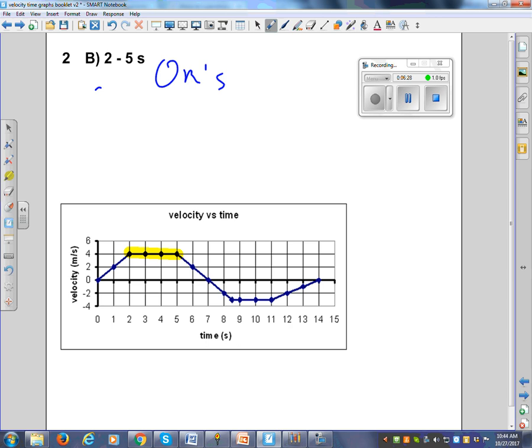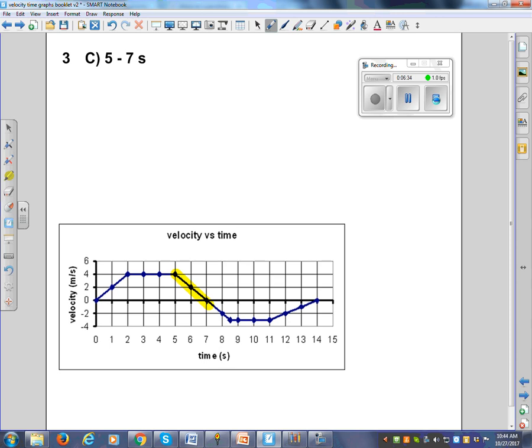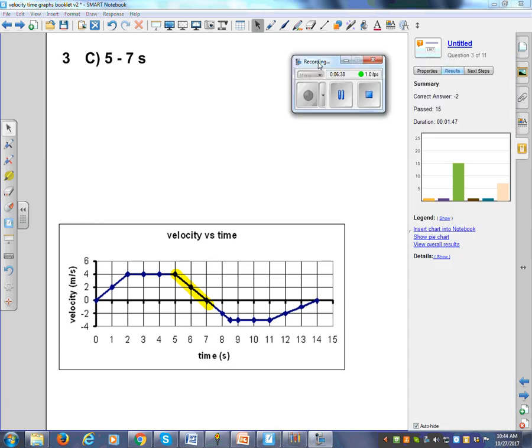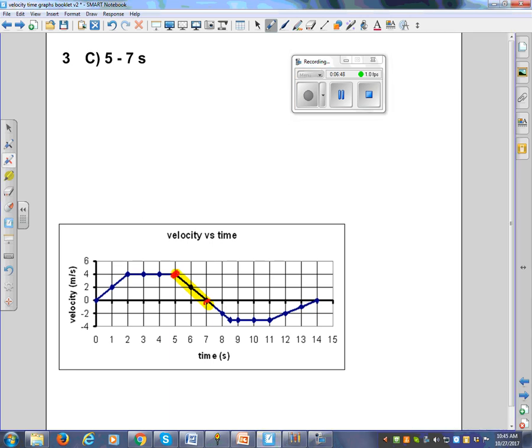That would be the average acceleration, right? 0 meters per second squared. The average acceleration. Here, the slope is negative, right? Negative 2? I had lots of answers, apparently. That's quite weird. Maybe I need to do this one. Negative 2. This point here is at 5, 4. This one here is at 7, 0.